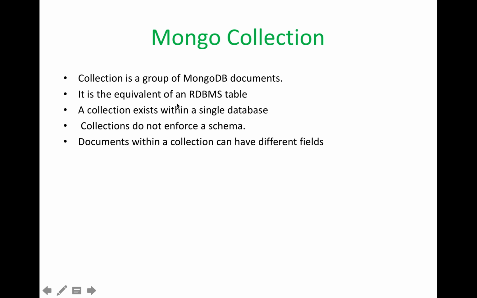It is the equivalent of an RDBMS (relational database management system) table. A collection exists within a single database. Collections do not enforce a schema. Documents within a collection can have different fields.